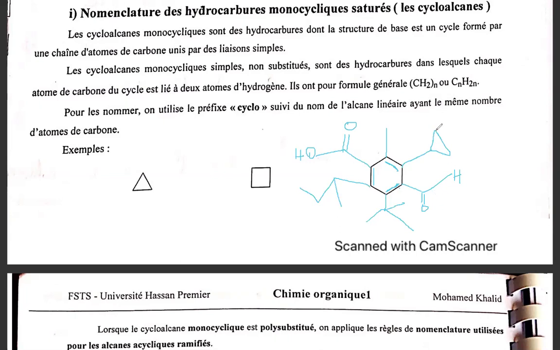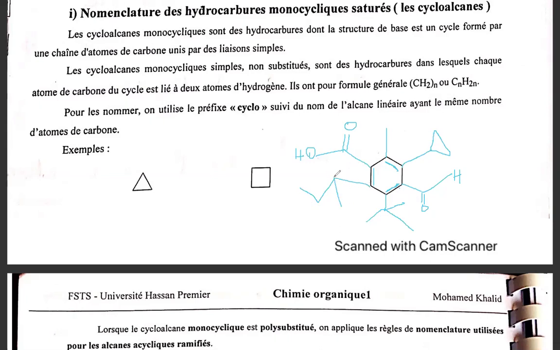If you've seen the way this thing looks, it is ramified, it is branched. At this position you have a methyl, here a cyclopropyl, here an aldehyde, here a tertiary orientation, maybe tert-butane. Here you also have a propyl.